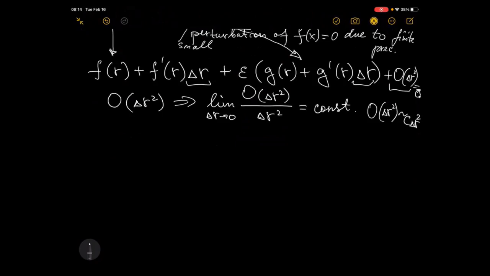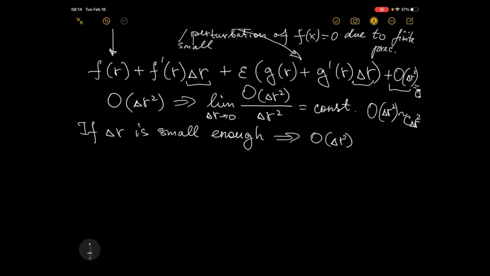Now, if delta R is small enough, then this thing is also small enough, right? Because remember, it behaves like that.